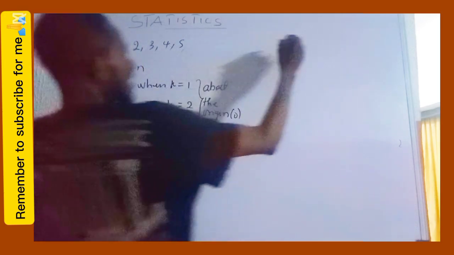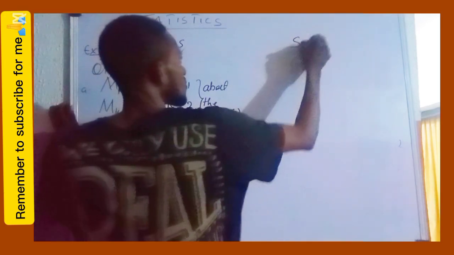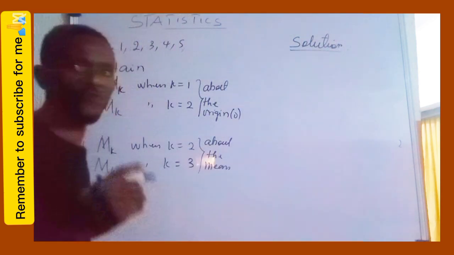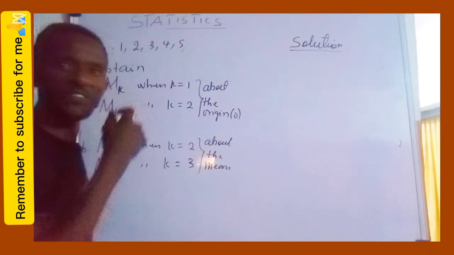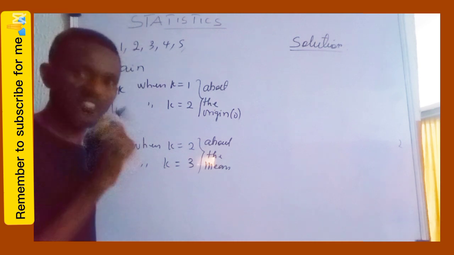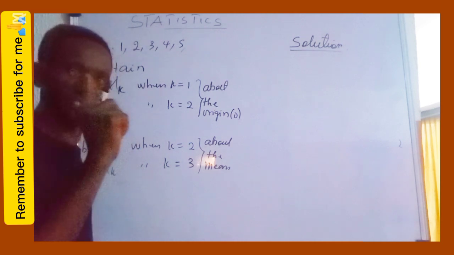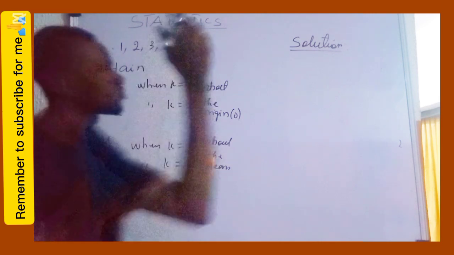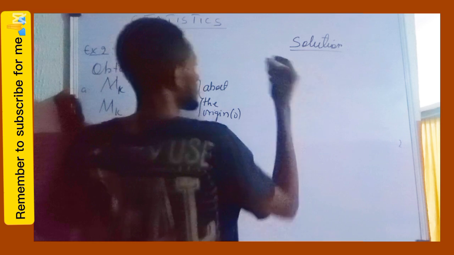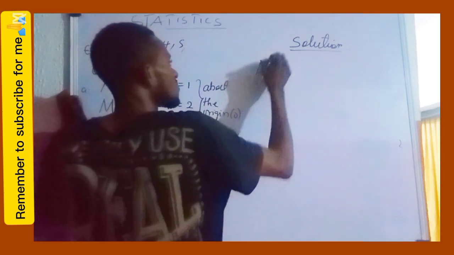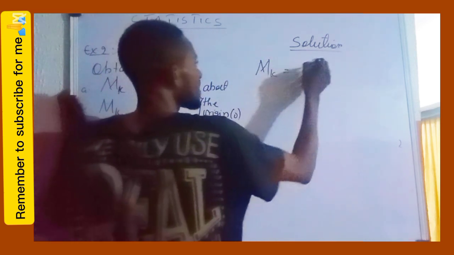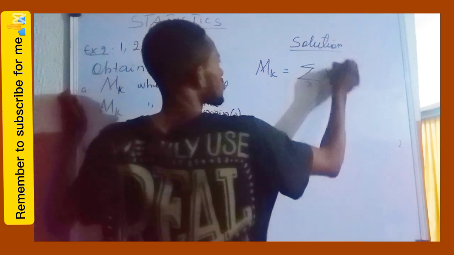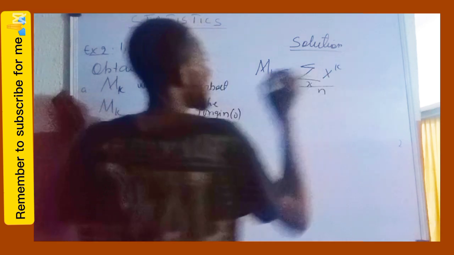So let me come over here and say solution. We first of all call up the formula for the kth sample moment about the origin 0, which is the first part of the question. Do you remember earlier that we had mentioned that M subscript K is given as the sum over the range of x raised to power K all over N?